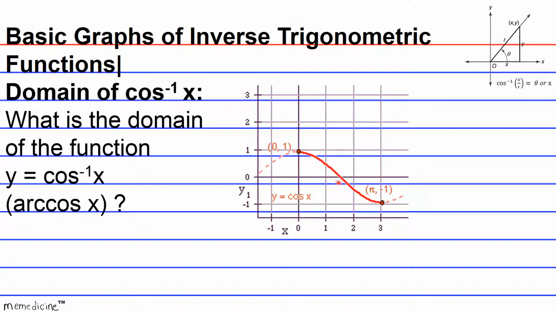Now you can restrict the cosine of x domain any way you want, but typically in algebra for this type of concept, the cosine is restricted between 0 and pi, okay? So this is approximately increments of pi over 3.